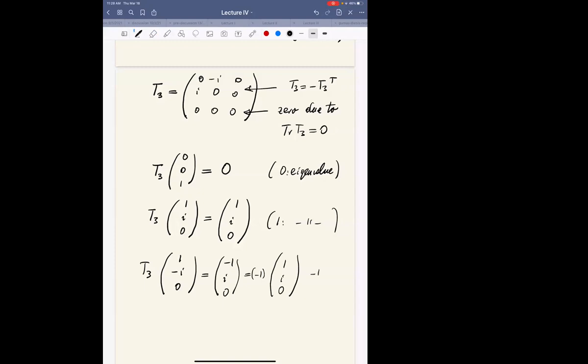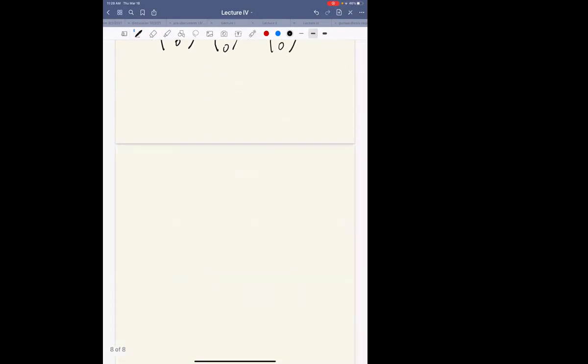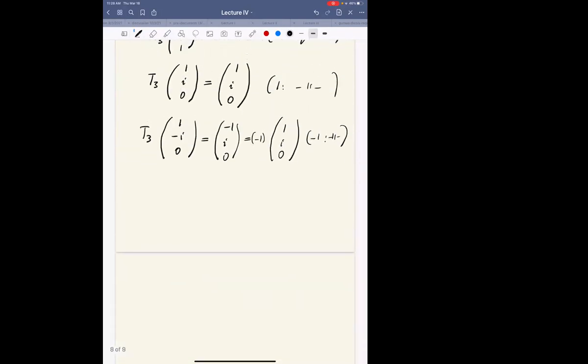This is eigenvalue minus 1. Well, that's what you know. You know that spin 1 has eigenvalues 0, plus 1, minus 1. But you know this from quantum mechanics. I'm just reminding you here.